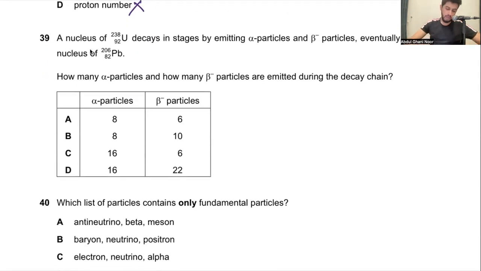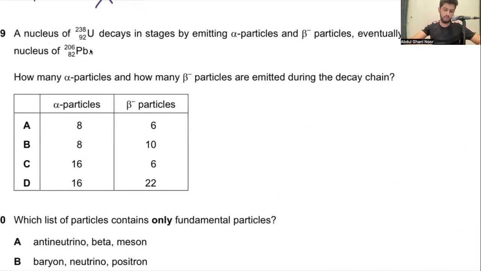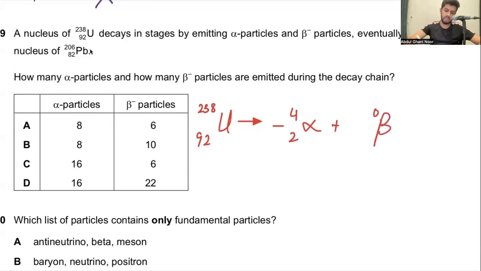39. A nucleus of uranium-238 decays in stages by emitting alpha particles, alpha 4 2, and beta particles. I don't know how many.